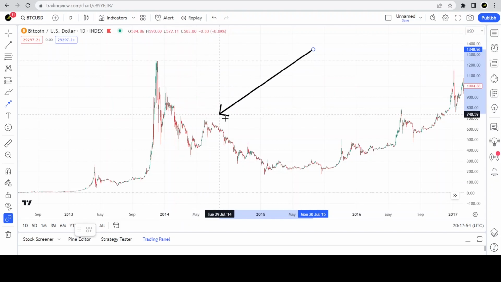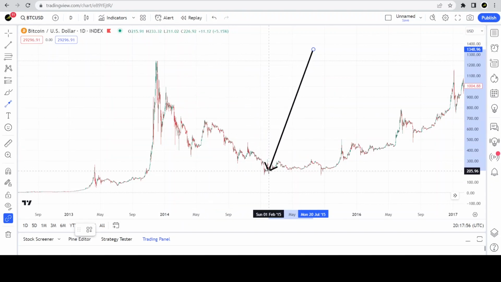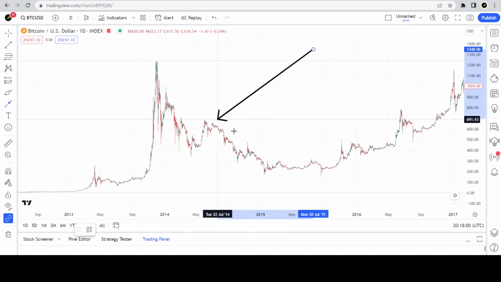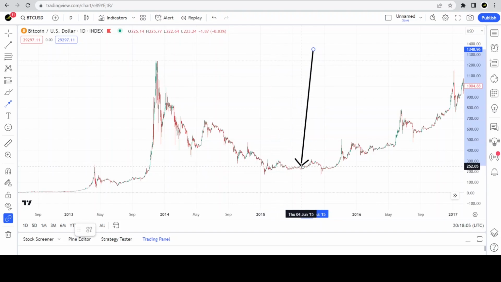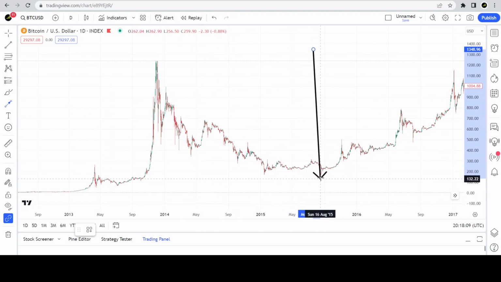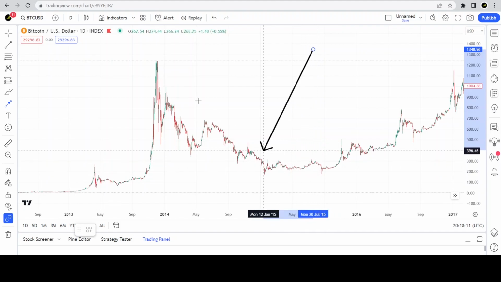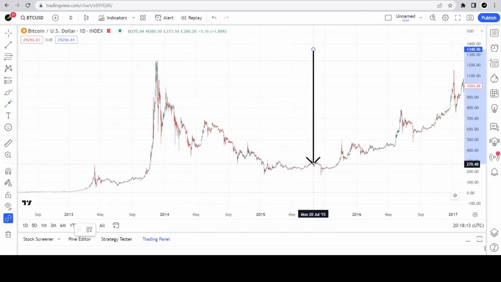So here is the 2013 decline. Now, there are a few things to take note of. You have the decline here, and then it kind of goes flat right here. This flat part ends with this bounce right here. So the decline really ends with this bounce.